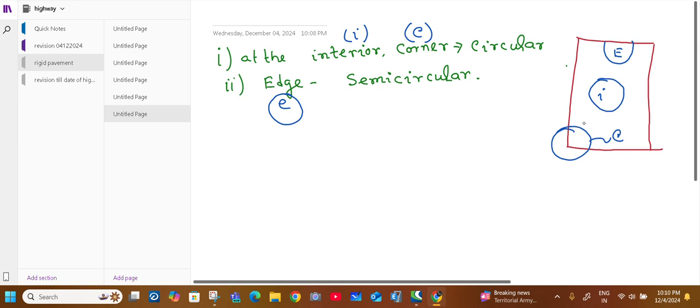So we have to calculate the radius of relative stiffness at this location.